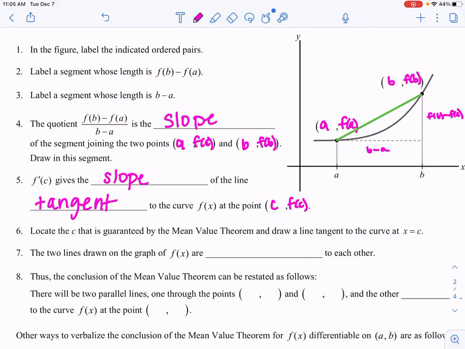So there must exist a c, f of c whose derivative, aka slope of the tangent line, is the same as this slope. So somewhere on this curve, the tangent line has the same slope as that green line. Draw it.